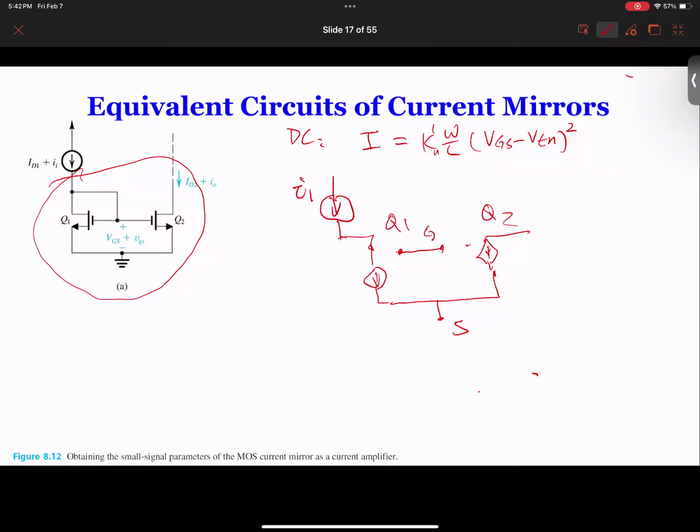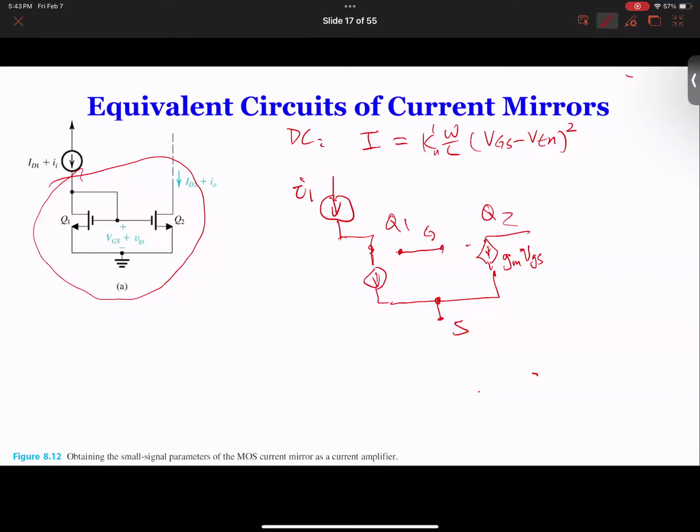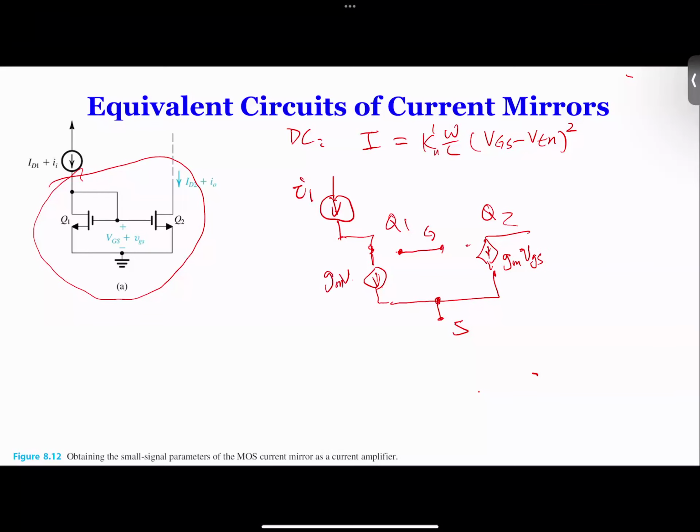this is the gate, and this is the source, and this is gm times VGS. So this is the idea. It doesn't look that nice actually, but this is the ideal equivalent circuit.